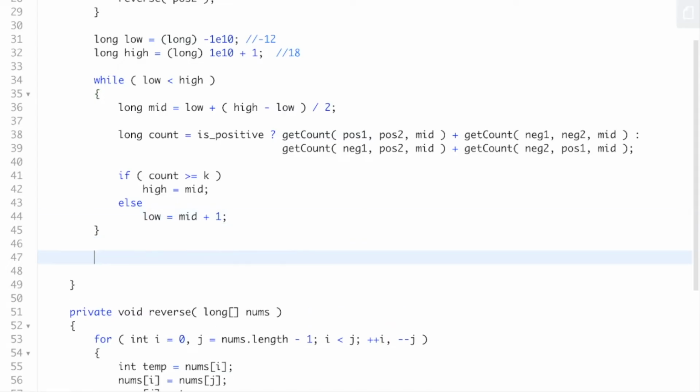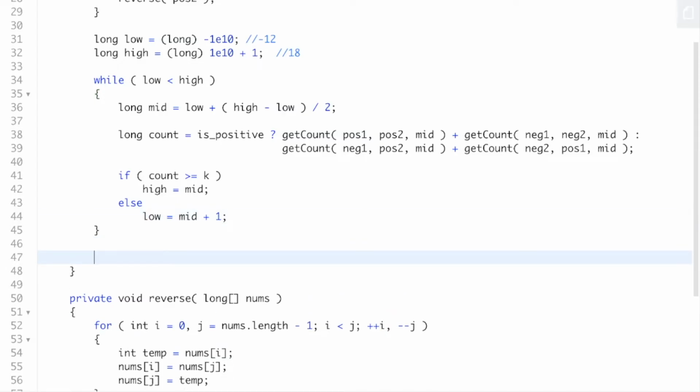And now at the very end, notice that even if count equals k, we're going to set high equal to this midpoint, which represents the potential product that we're trying. If we're setting high to mid, eventually we're going to break out, because low is going to be equal to high.